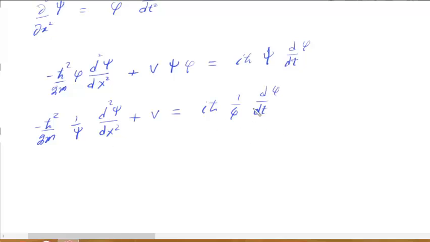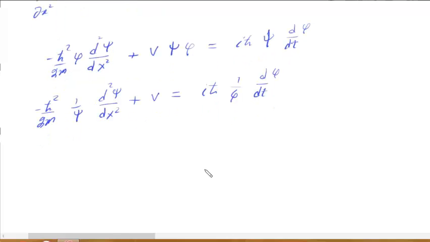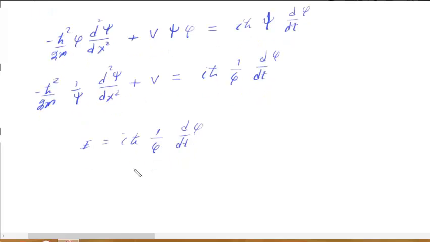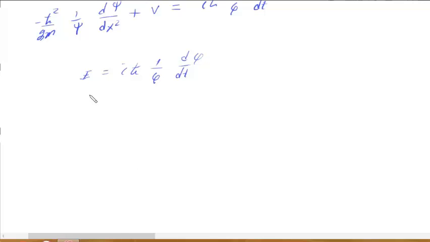Here only phi depends on time, and here only psi depends on x. Then let us look here, this is equal to E. So i h cut 1 over phi d phi divided by dt is equal to E. Then we solve this equation. Now we divide by i h cut and write d phi divided by phi equal to E divided by i h cut dt.